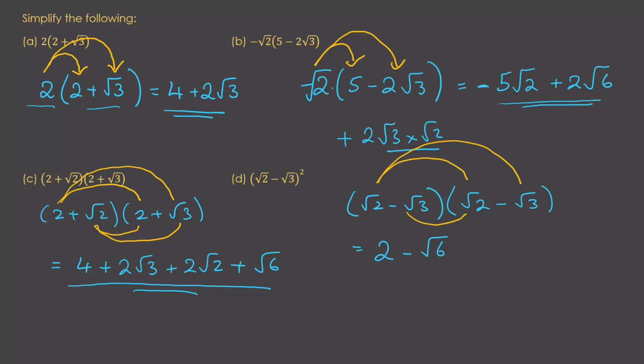Negative root 3 times root 2, that's going to be negative root 6 as well. And finally, negative root 3 times negative root 3, that's going to make it a positive, and root 3 times root 3 is 3. And so I get 5 take away 2 root 6.